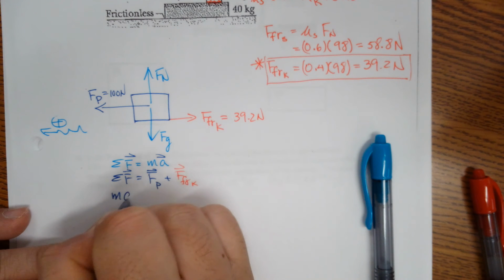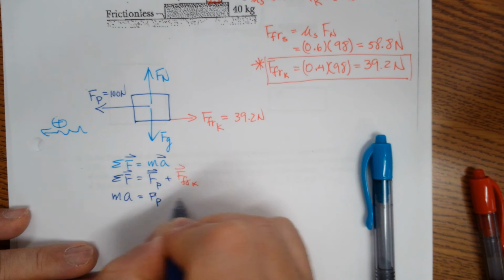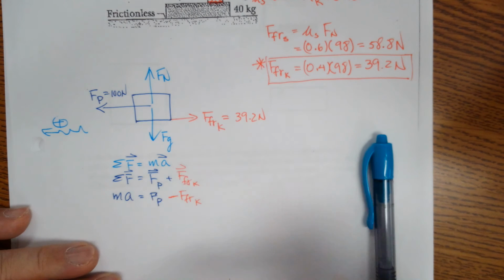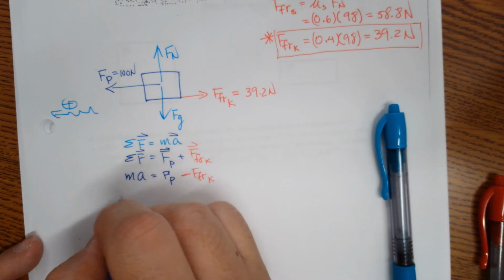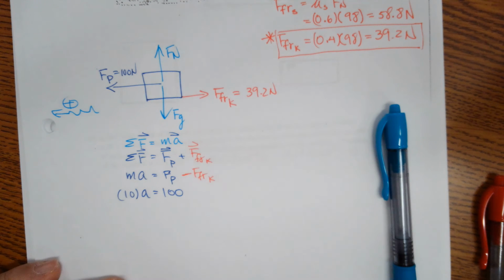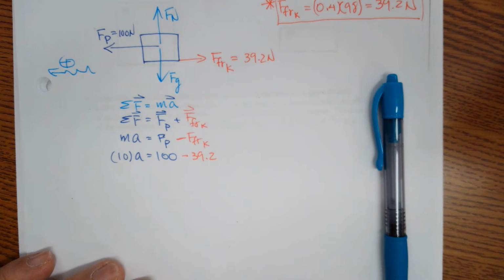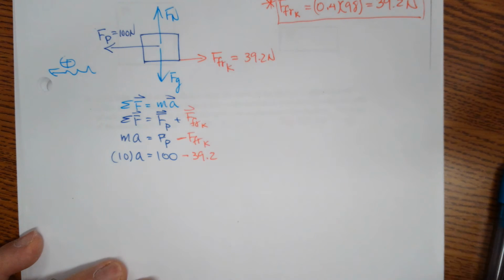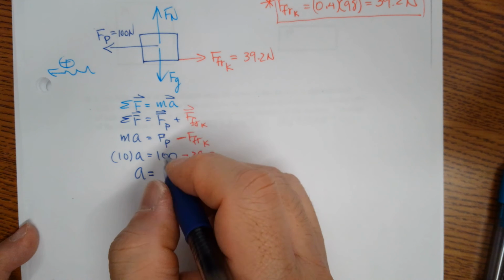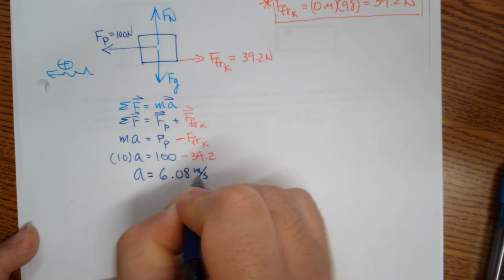So ma is equal to F pull positive minus F friction kinetic. So M, 10 kilograms times a, is equal to 100 minus 39.2. So if you work it out, the acceleration of the top block should come out to 6.08 meters per second squared.